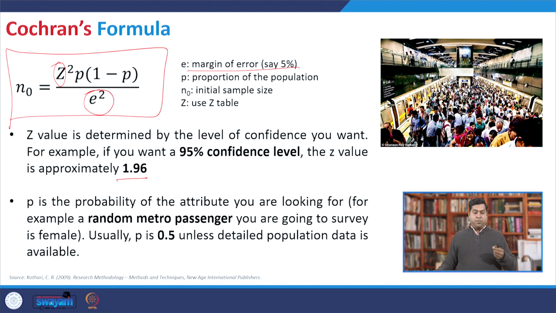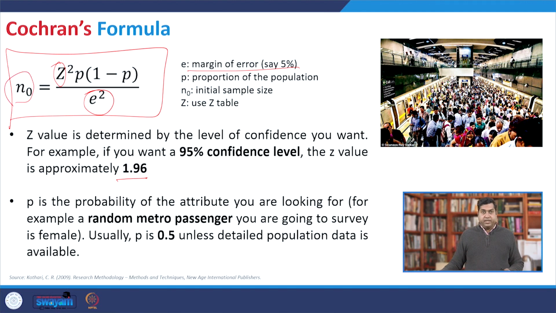If you accept more error, your sample size will be reduced, because it is in the denominator. But if you lower the margin of error, say from 5% to 1%, your numerator will remain constant and the required value for n will increase.